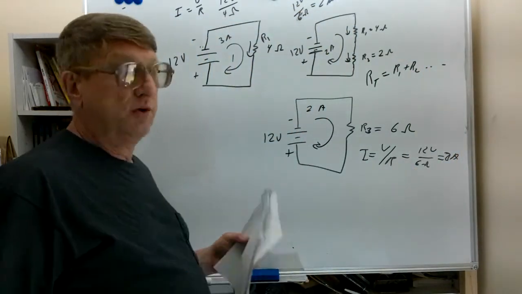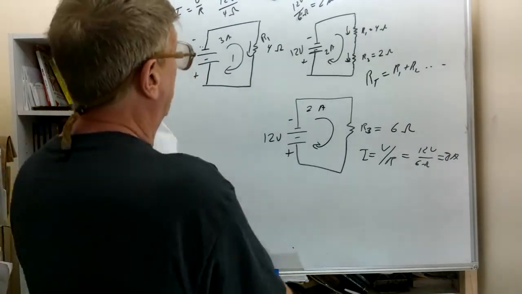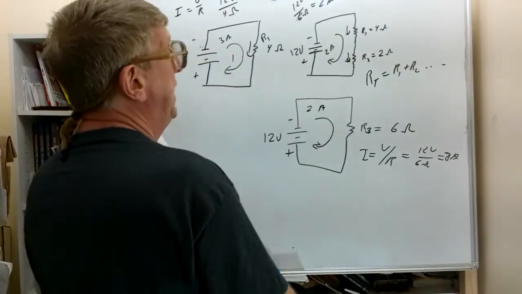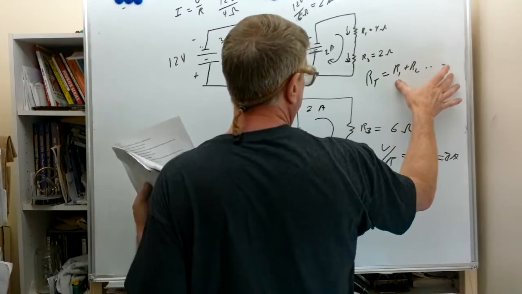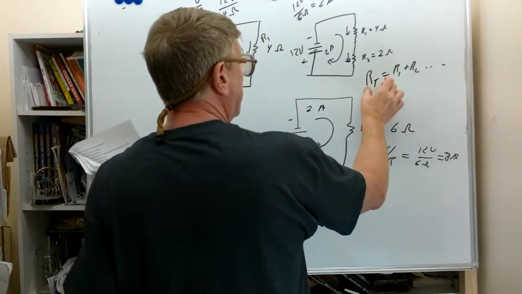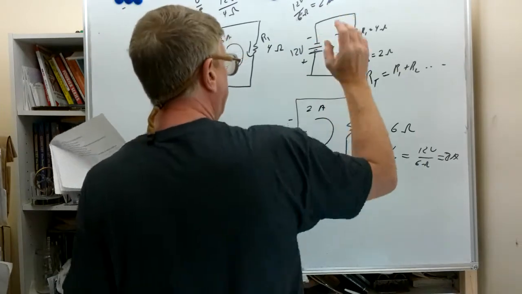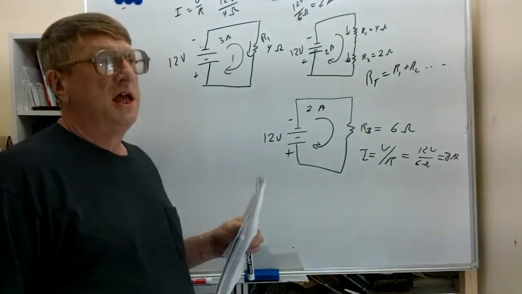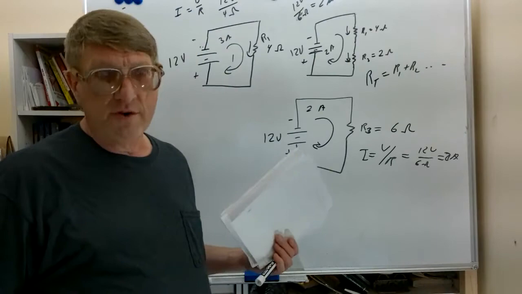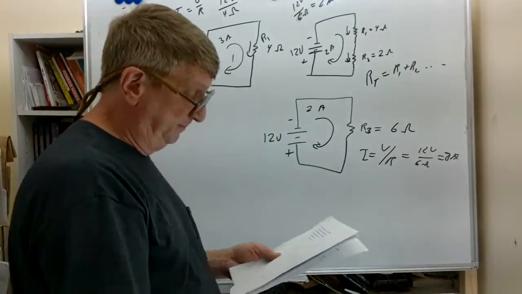Could be R3, R4, R10. Our examples, we've only used 2. And when you sum the resistors in series, you get this, which you can use as a single resistor to replace that series of resistors for controlling the current flow in the loop.